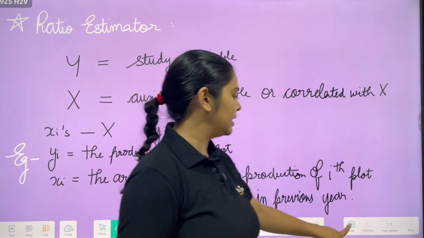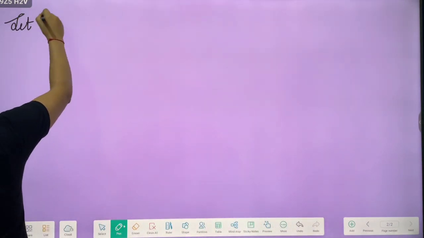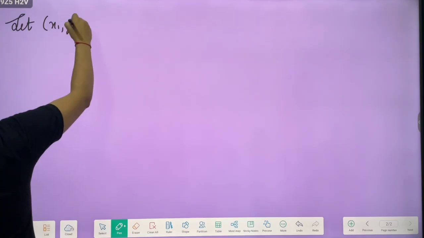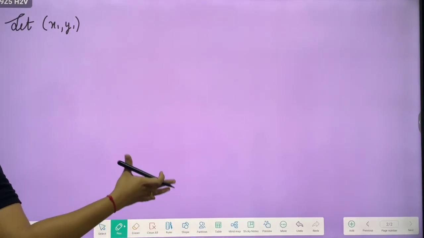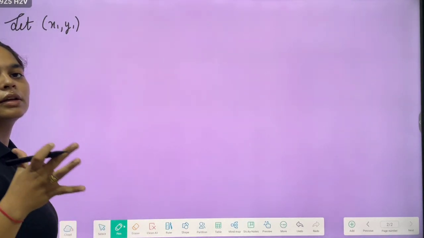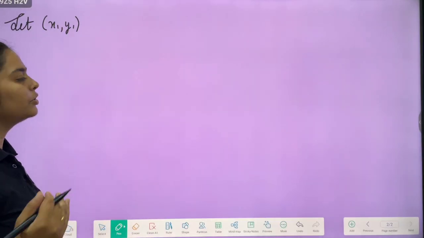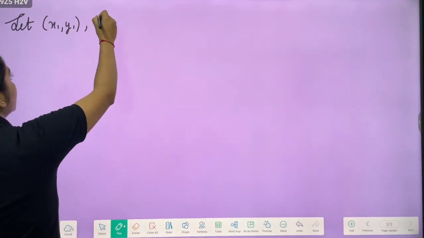Now let x1, y1 be the paired samples that we take. For the value of y1, there is a known value of x1. For the value of y2, there is a known value of x2.